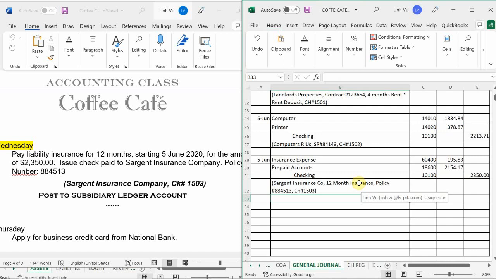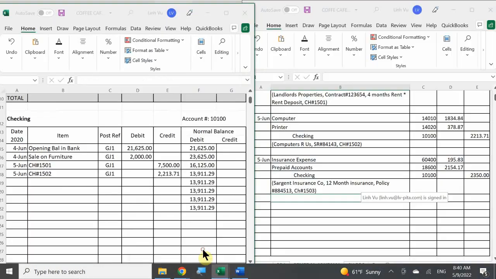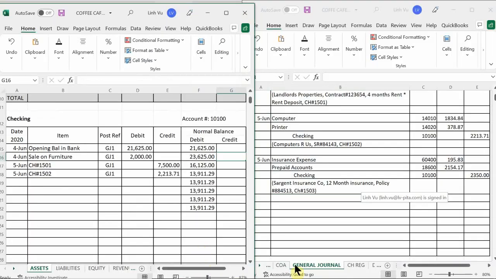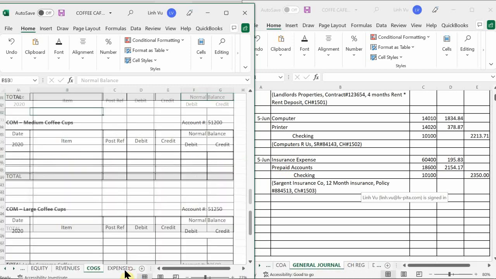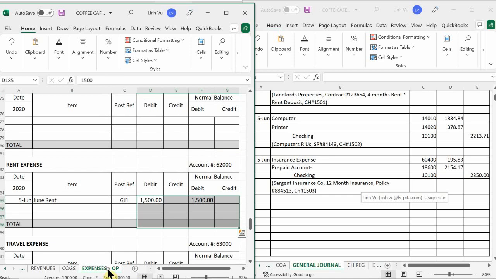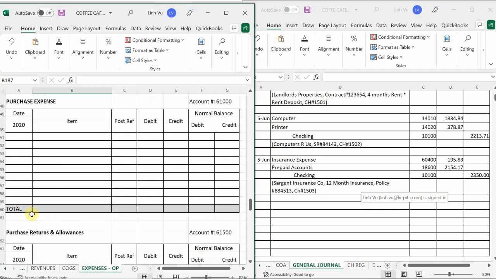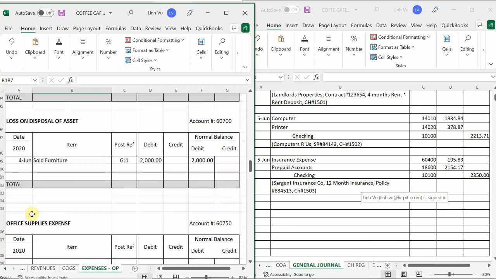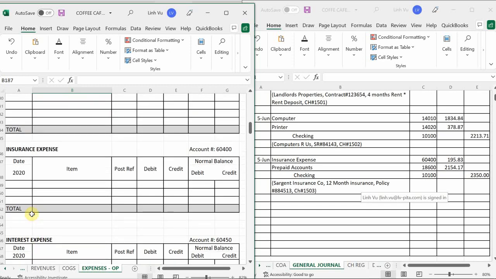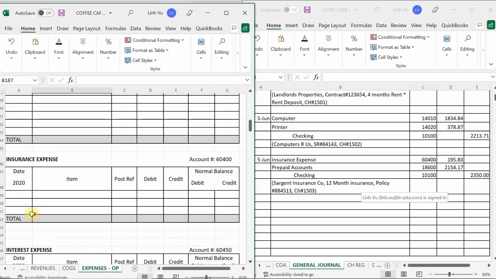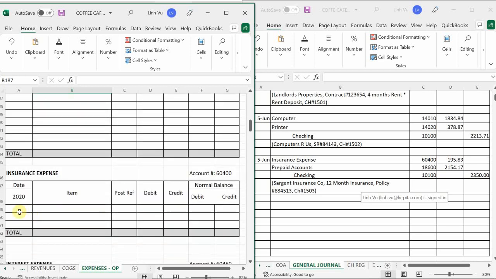So now that I finished my journal, I need to now update my ledger. Okay, starting with the first one, which was the insurance expense. So I need to locate that under operating expenses. Here you go. Insurance expense.